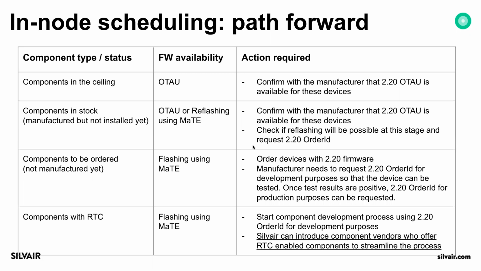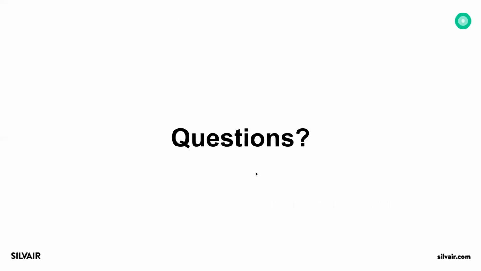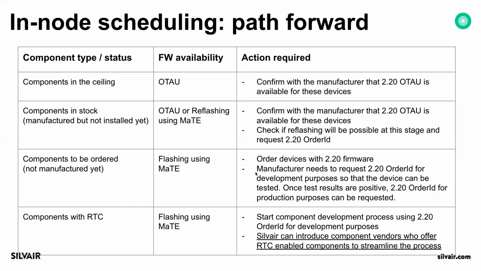So in this particular case, for this type of component at this stage of its life cycle, the action required is to confirm with the component manufacturer that over-the-air update is available up to version 2.20.